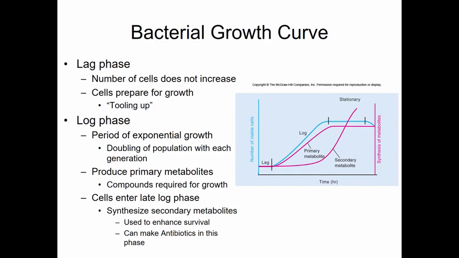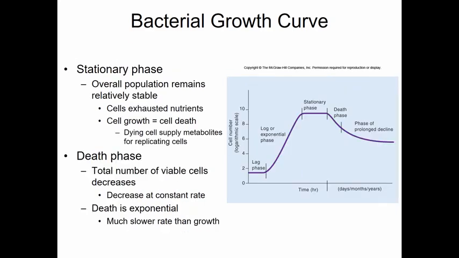Again, trying to keep track of that cell number, how fast they're going through binary fission and where they're at in the growth rate becomes really important in studying bacteria because you need them to be happy. You need them to be healthy. You need to have them be performing optimally at any one point in time. That stationary phase is when we've exhausted the nutrients and the growth is equal to the death.